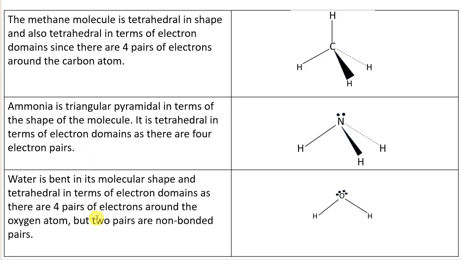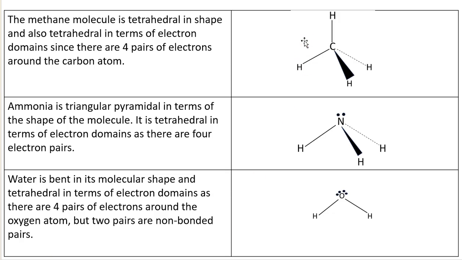Water is bent in its molecular shape and tetrahedral in terms of electron domains, because there are still 4 pairs of electrons around the central oxygen atom. 2 pairs are non-bonded pairs.